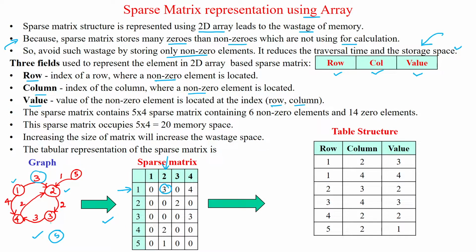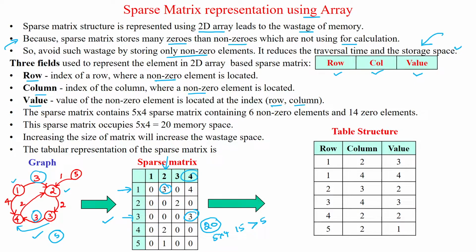For example, from 3 to 4 we have the weight 3, so it is represented in the sparse matrix. So here we have 20 memory locations in the 5 by 4 matrix. So in this we have 15 zero elements and 5 non-zero elements.